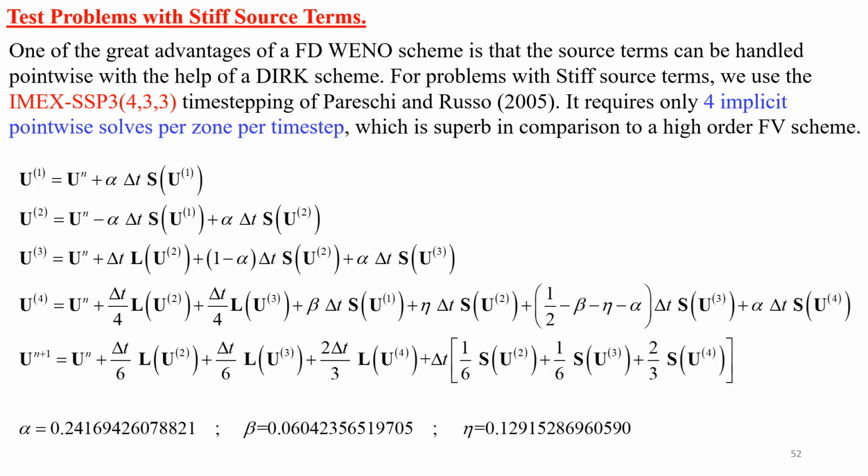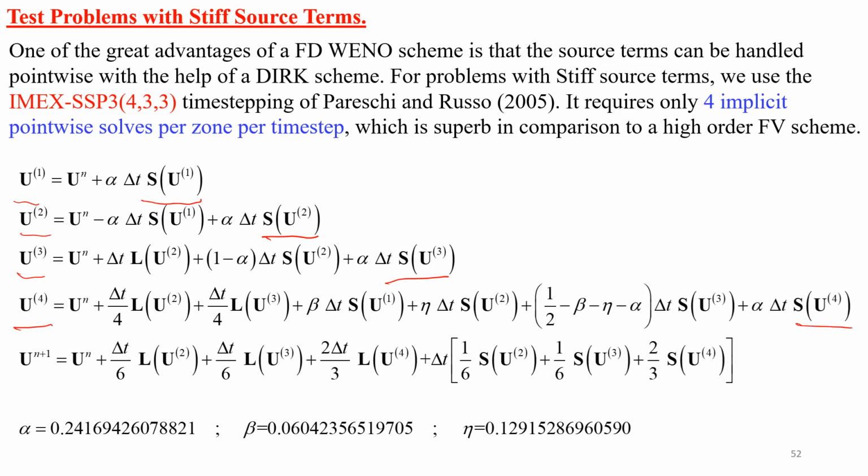We've also done problems involving stiff source terms. So the thing I would remind you of is that finite difference WENO is especially well suited for problems involving stiff source terms, because per zone and per time step, you only do one implicit solve here, another implicit solve here, so that's your second, third implicit solve here, and your fourth implicit solve here.